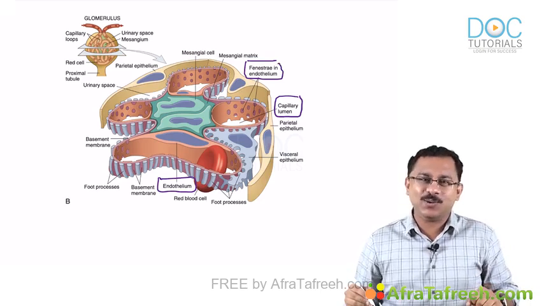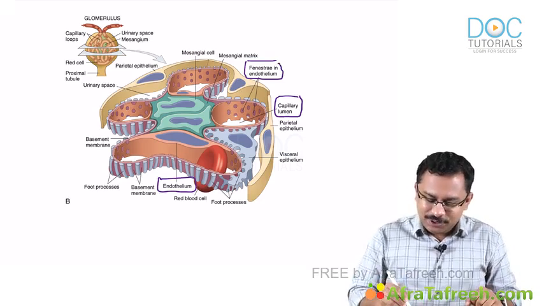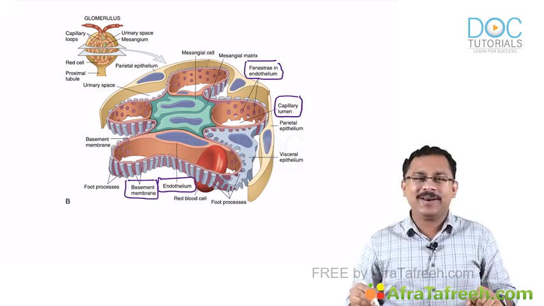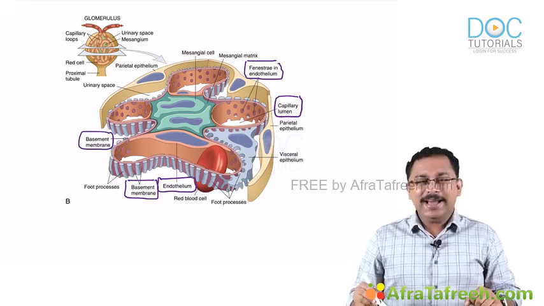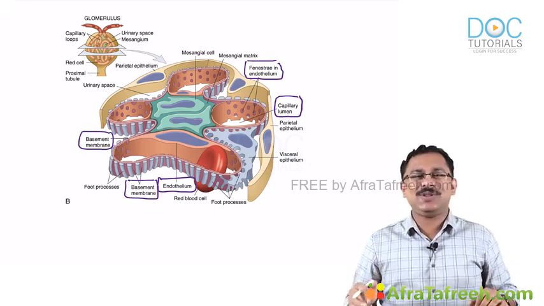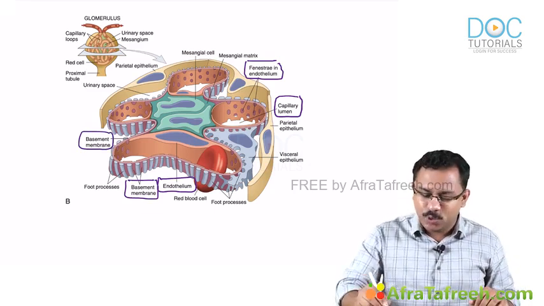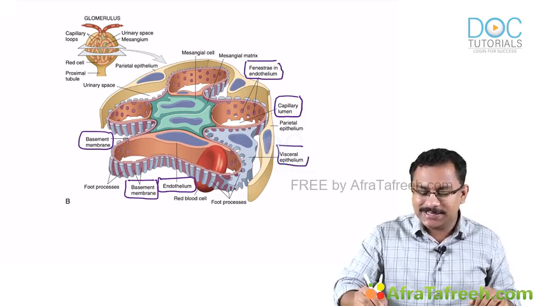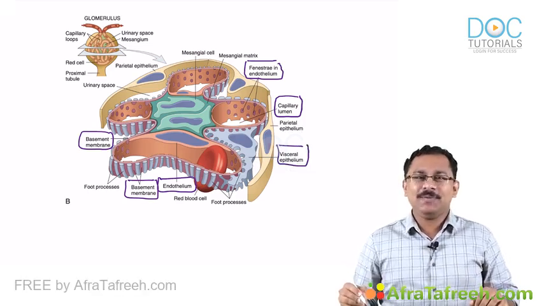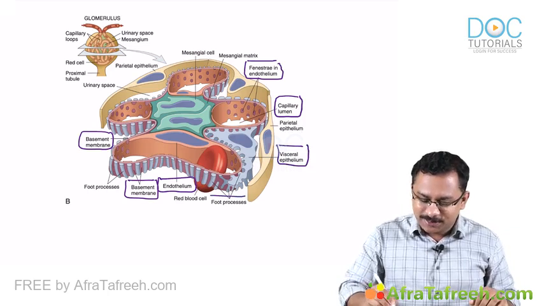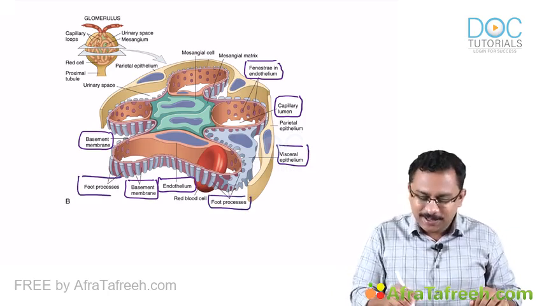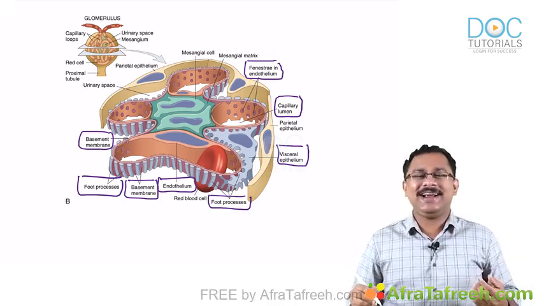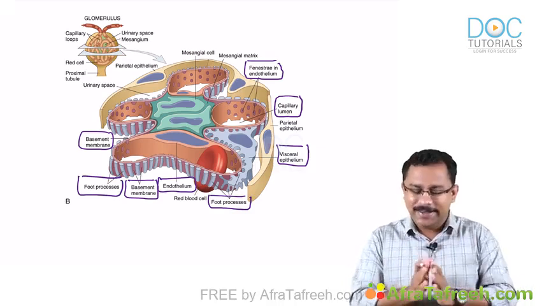And I am sure you are able to appreciate the glomerular basement membrane. Also, just adjacent to the glomerular basement membrane, are you able to see the visceral epithelium of the Bowman's capsule and the interdigitating foot processes, which are closely adjacent to the glomerular basement membrane?